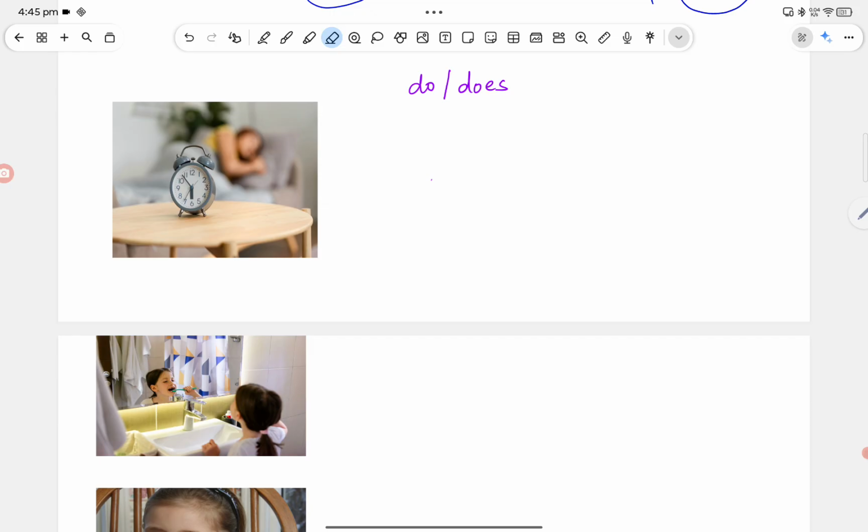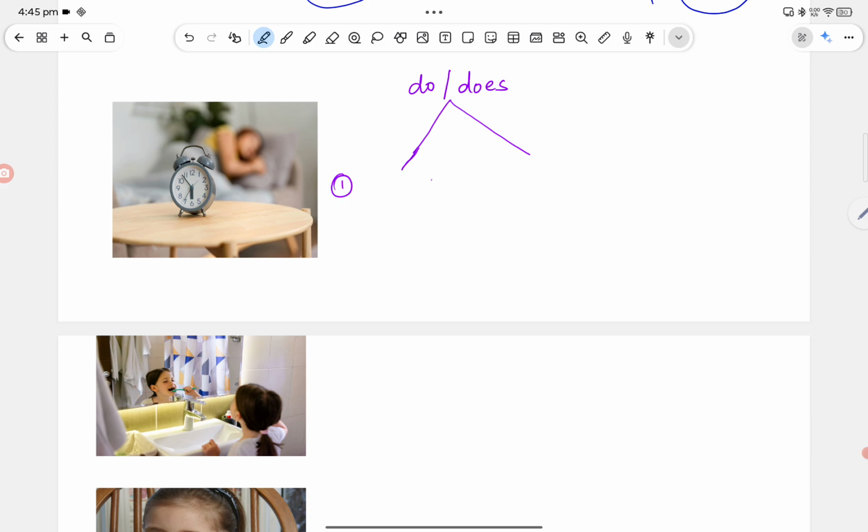Let us start by understanding what role do and does play in English grammar. These two have two roles in English.